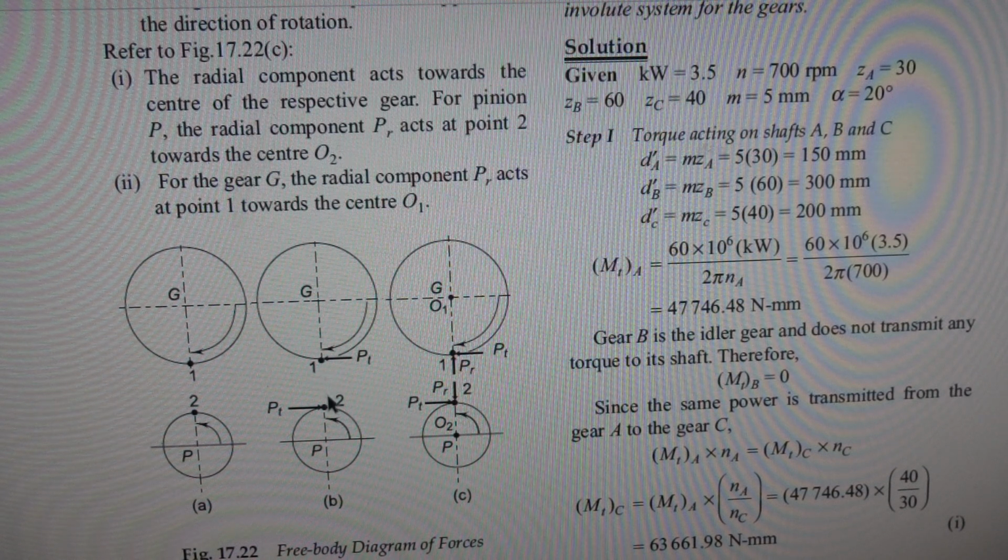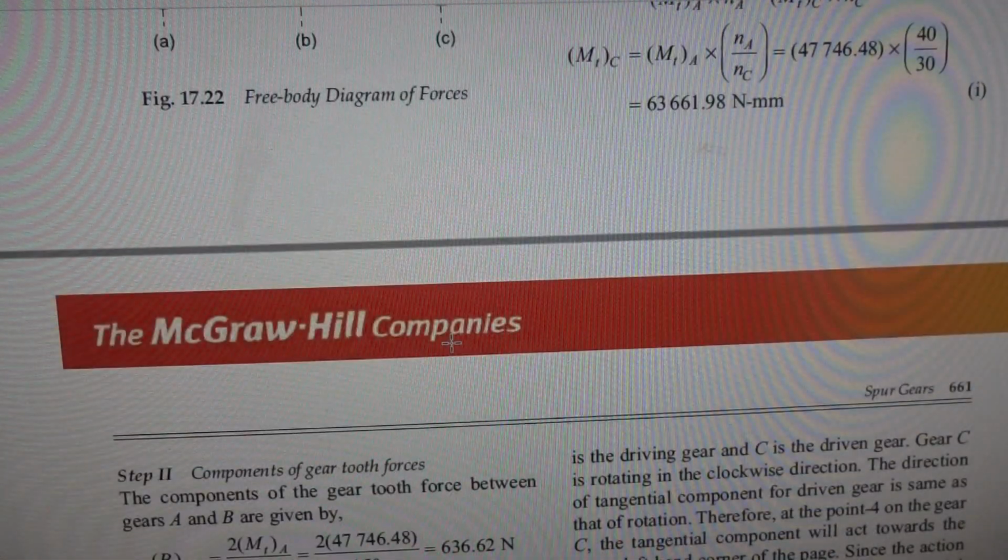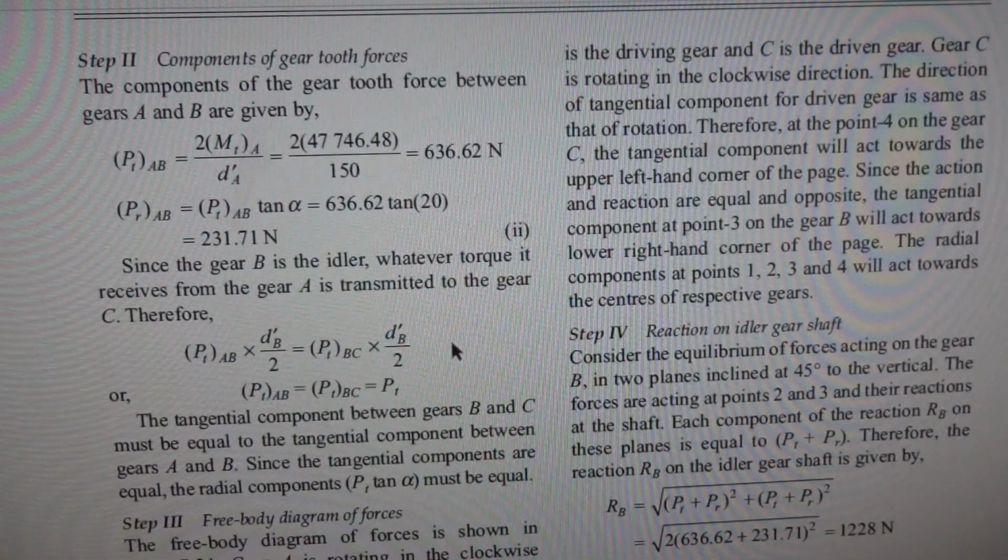If PT acts in this direction, then PR will act in this direction, and at this point PR acts in the upward direction. So this is the free body diagram. It is important to know it.